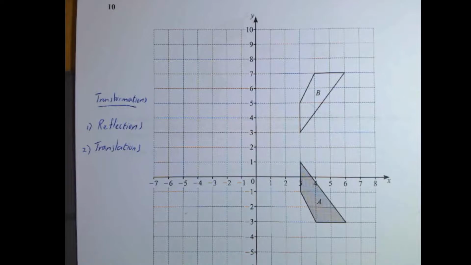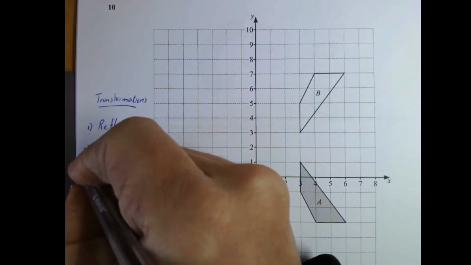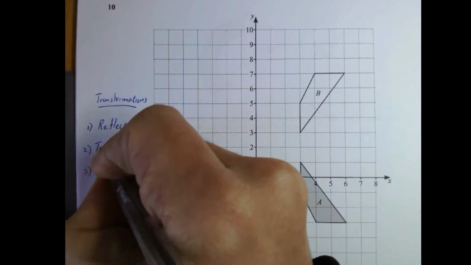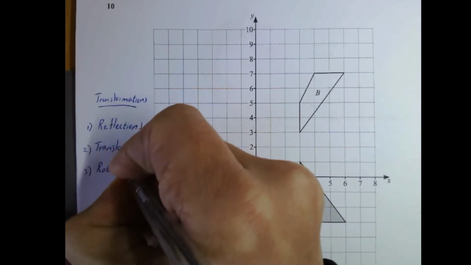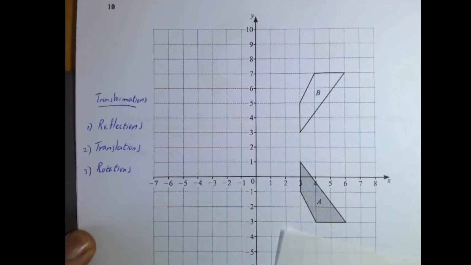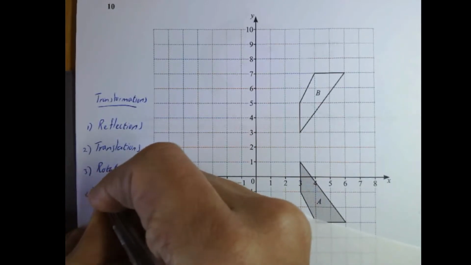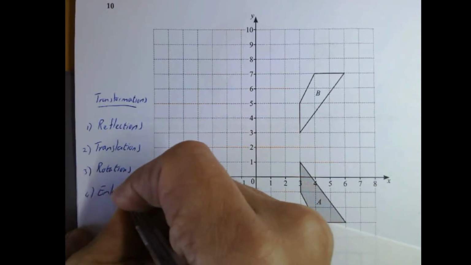You've got a vector, going left, right, up, down, moving across the page. We have rotations, spinning around, we got enlargements.